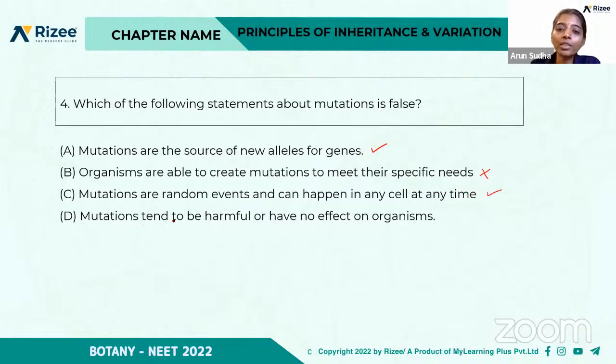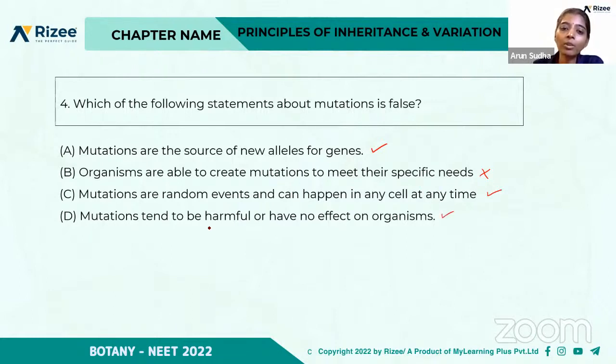Some mutations actually are harmful because of the change in the chromosome structure, change in the DNA structure, right? So some tend to be harmful, but some mutations are silent mutations. That is, they have no effect on organisms, right? So this is also a correct statement.